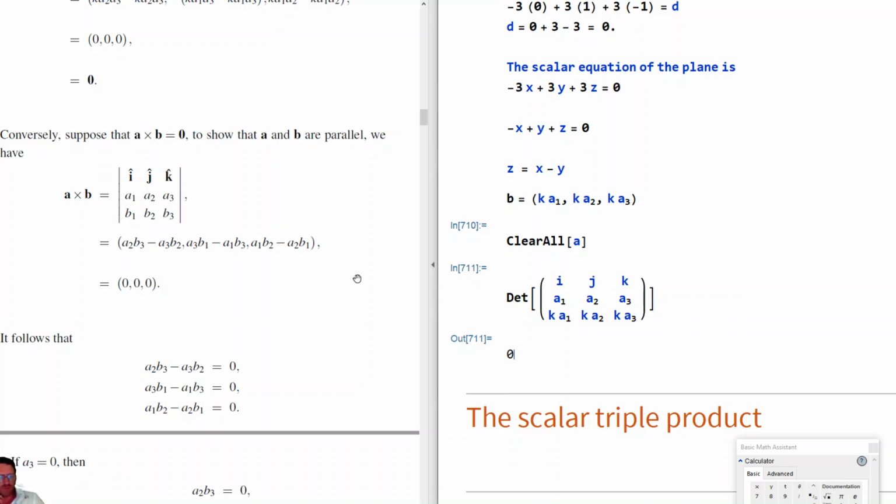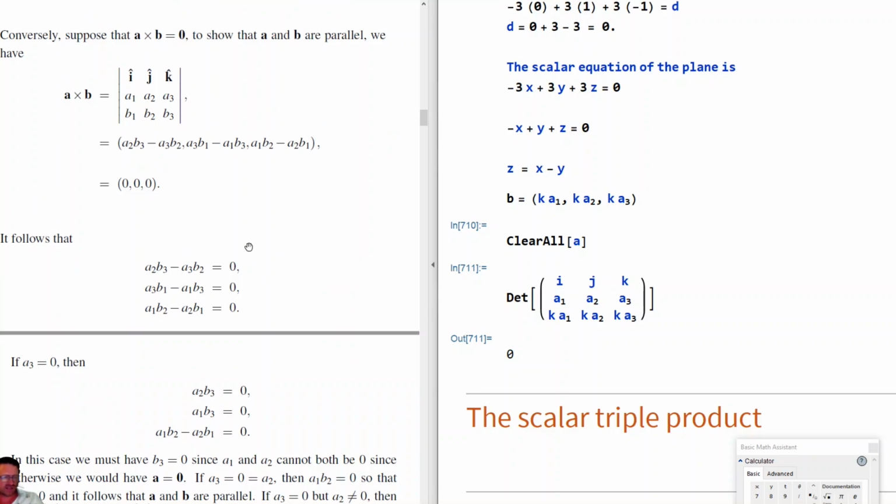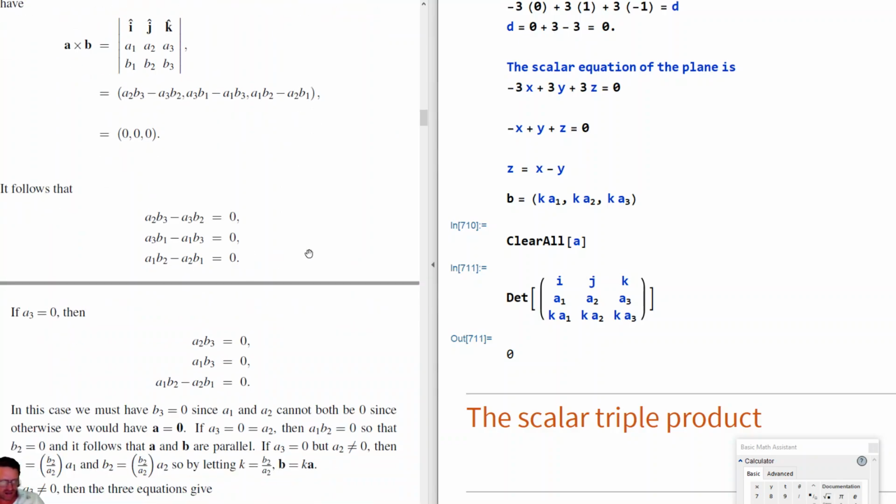To show that A and B are parallel, we have, assuming here that B is equal to B1, B2, B3, so we calculate this determinant, we get this symbolically. Now we assume that it's the 0 vector, and so that gives us 3 scalar equations. Now you've got to make a few assumptions in which you don't lose any generality. So if A3 is 0, then these systems of equations simplify quite a lot.